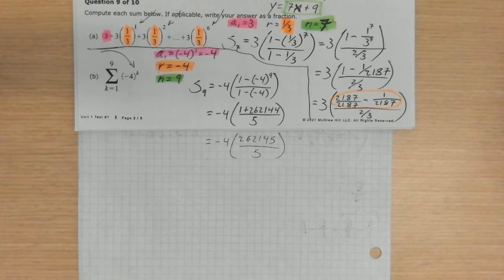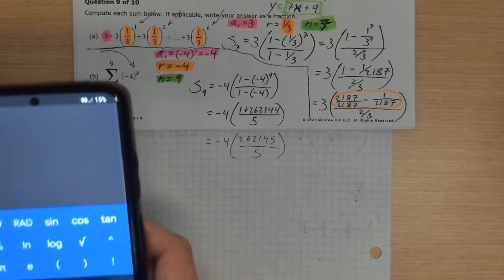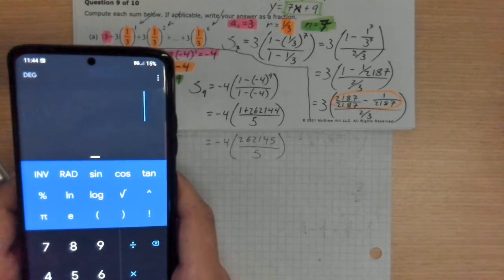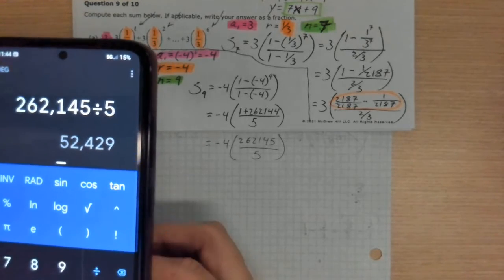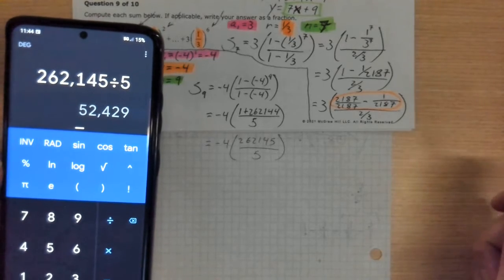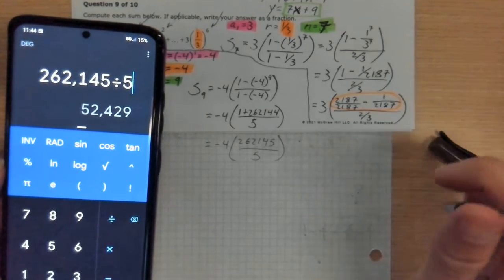There's one way to know if a number is divisible by 5: if the number ends in either 0 or 5, then it's divisible by 5. So the top is divisible by 5. 262,145 divided by 5 gives a whole number, which in this case is 52,429.